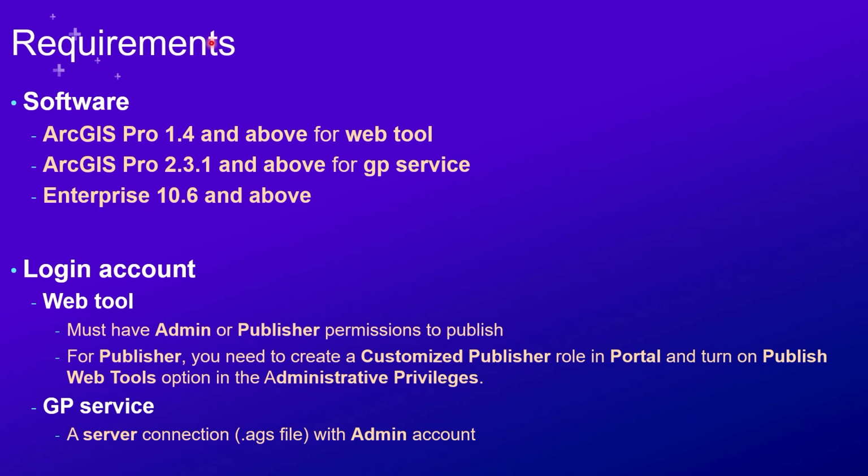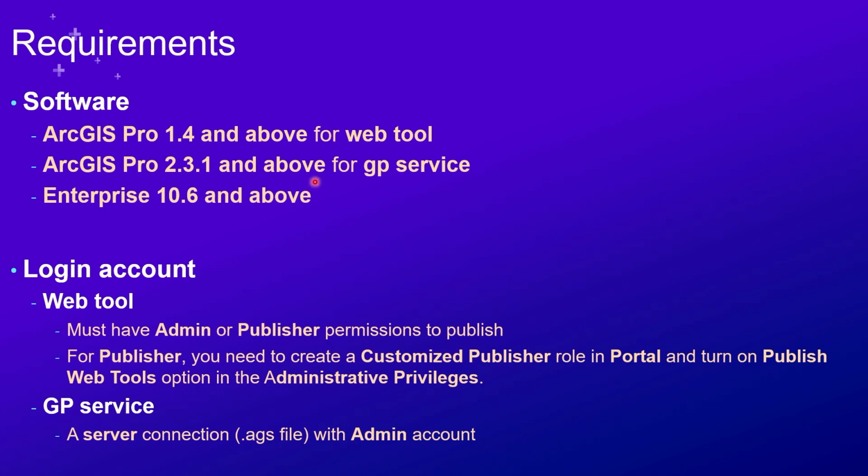All right, requirements. First, let's talk about software. If you want to publish a web tool, you need to have Pro 1.4 and above. But we always recommend you use the latest version so you can utilize the newest features.